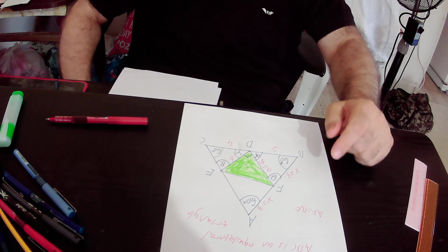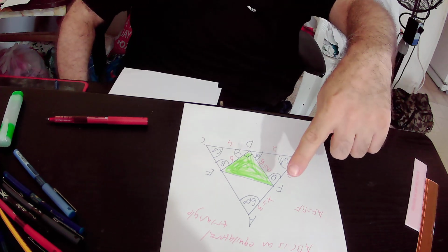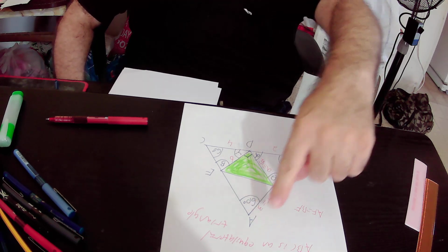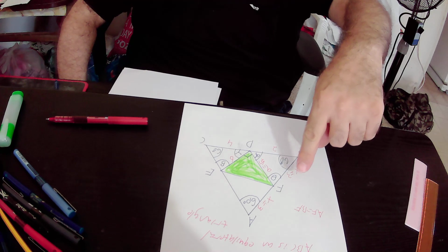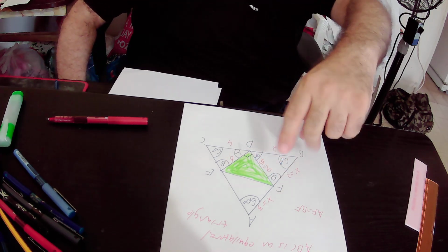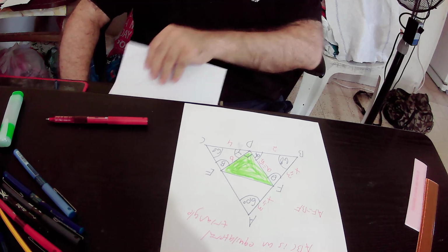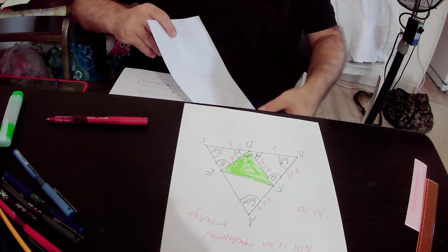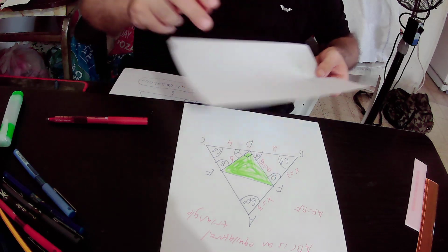So the size of AB is BF plus AF, that is to say X plus X, or the size of AB equals 2X. And we know that the size of side AB equals 6 units.